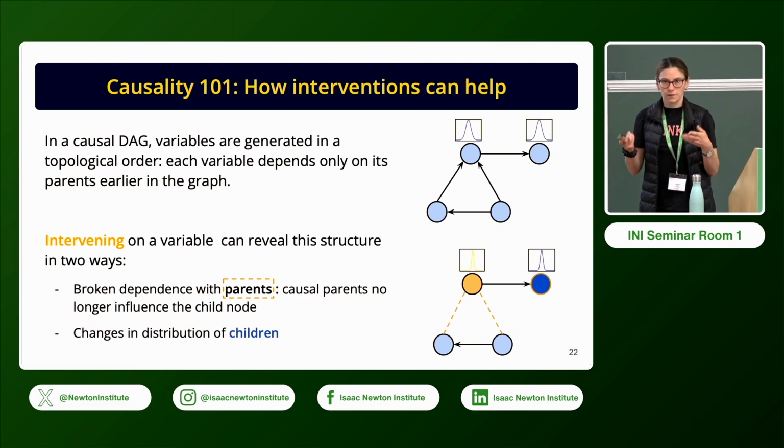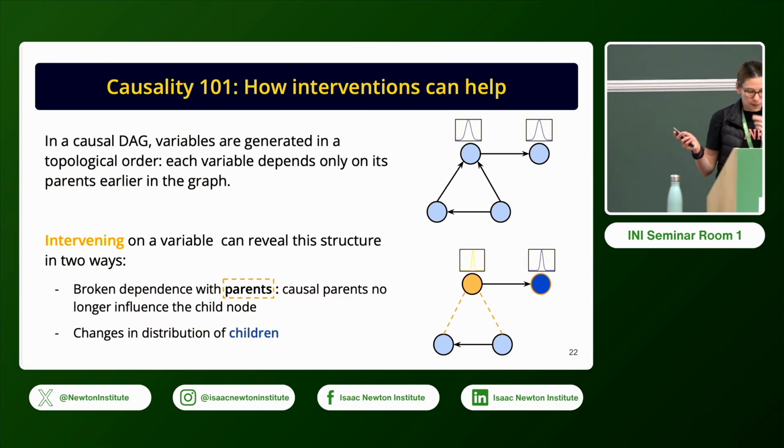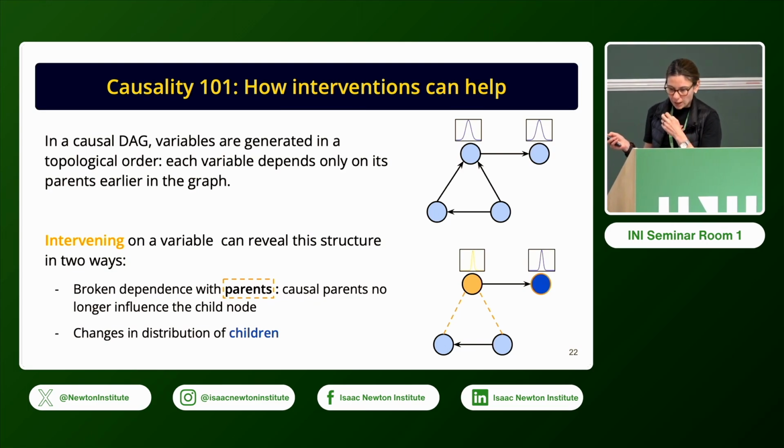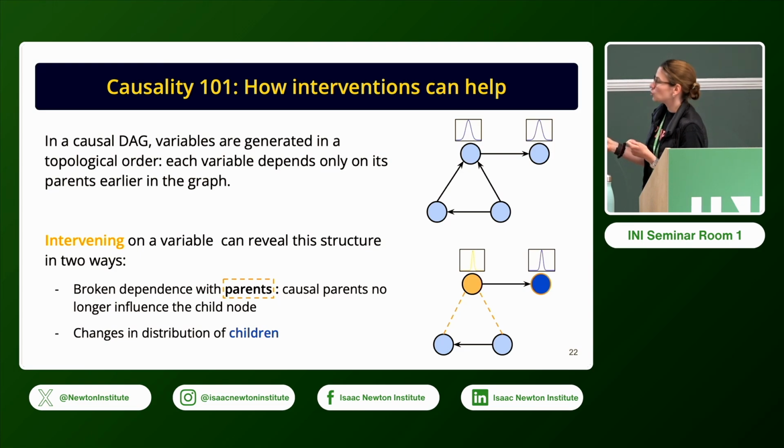And intervening on a variable can reveal this underlying causal structure in two ways. First of all, the dependence with the parents will be broken, right? So if we were to intervene on this node, either changing the distribution or actually setting it to a specific value, the causal parents will no longer be able to influence the distribution of that node.